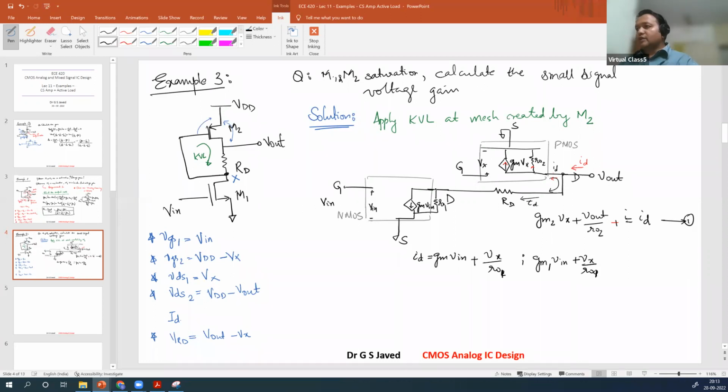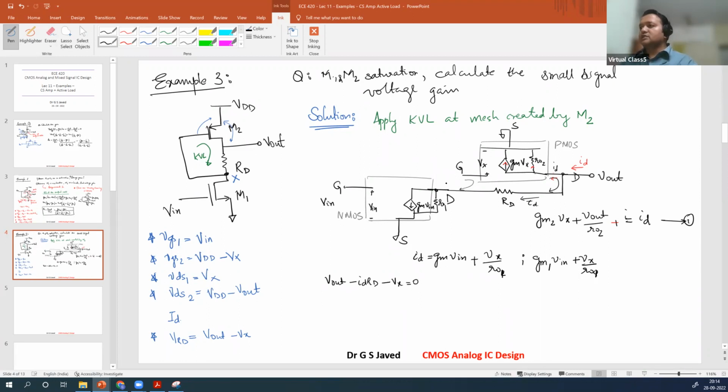ID has got one more factor here, right? So there is another voltage here. So you will get one more mesh here, which is these two currents will be the same as here. So another voltage equation will be, if you apply KVL mesh here, V out minus IDRD minus Vx is equal to 0.